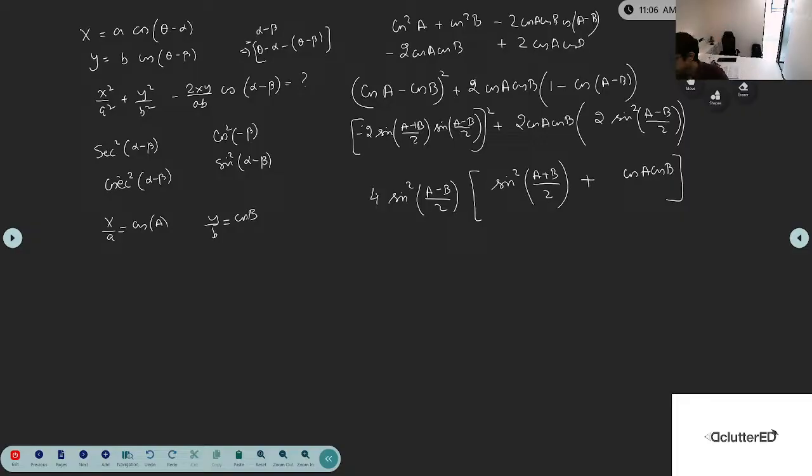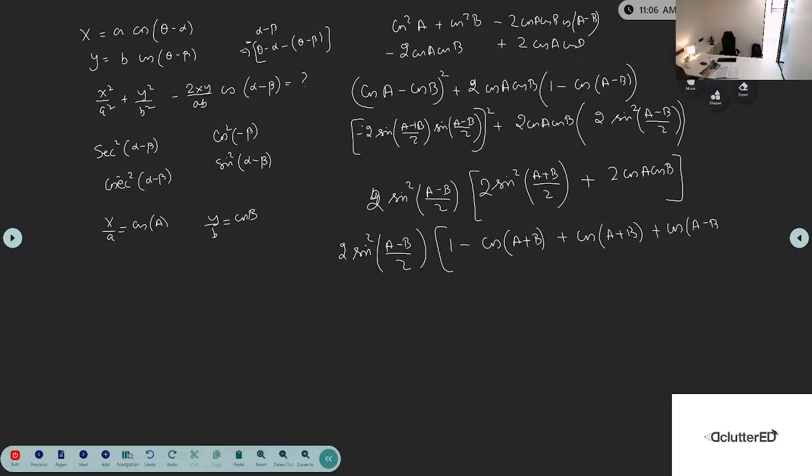If I give back a 2 to my terms, I have 2 sine square a plus b by 2, I can write it as 1 minus cos of a plus b, and 2 cos a cos b, I can write this as cos of a minus b plus cos of a plus b.